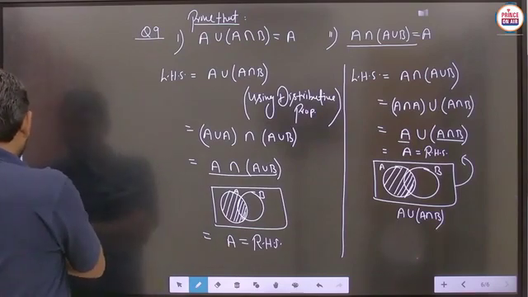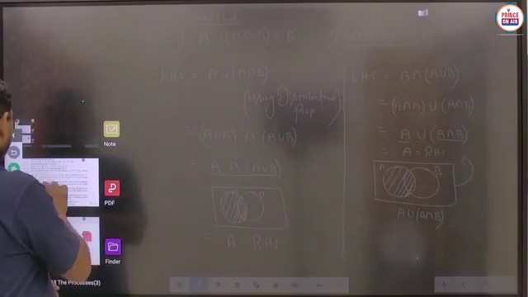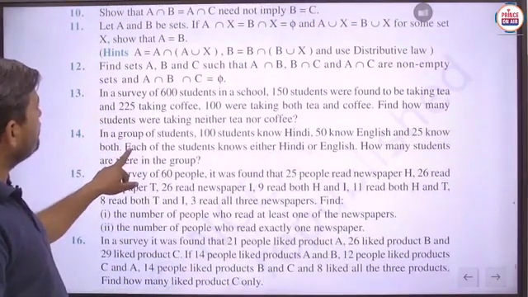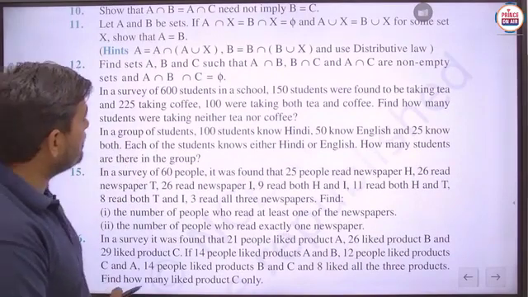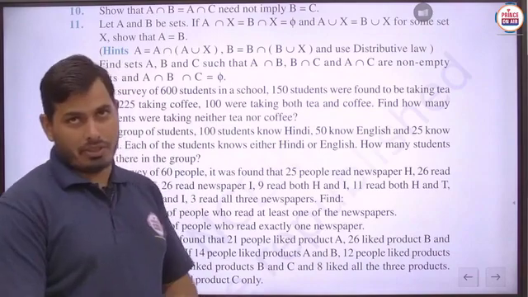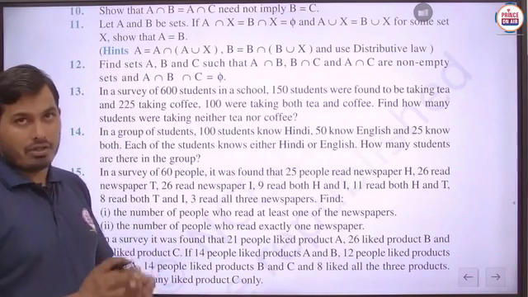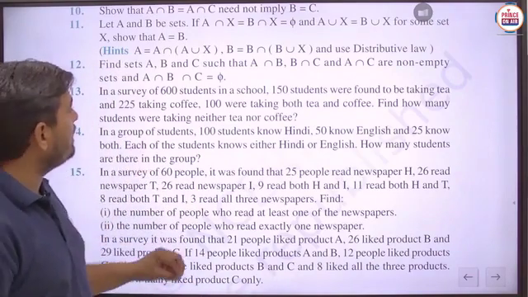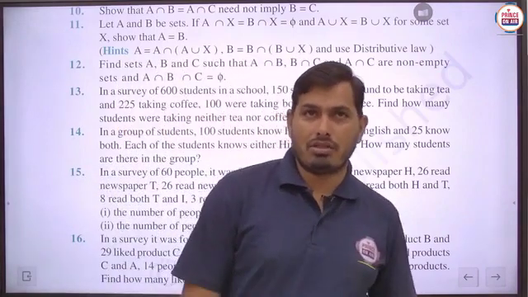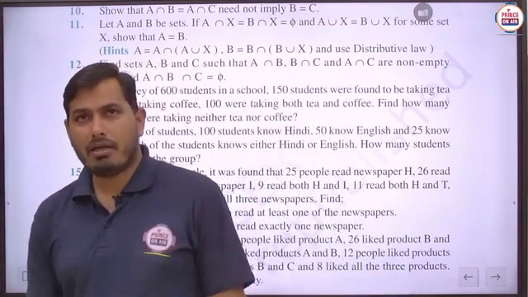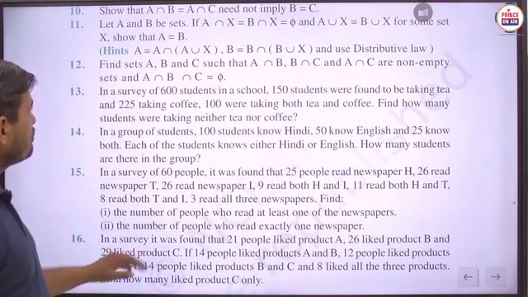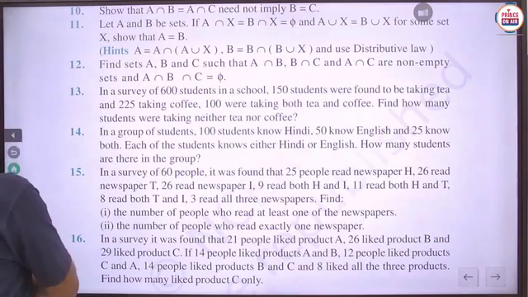Next, question number 10, you can take here. In this question number 10, A intersection B equals A intersection C need not imply B equals C. Is it clear? Again, in this question it is given that A intersection B equals A intersection C, and this need not imply that B equals C set. Is it clear? So this question number 10 we will simplify here.